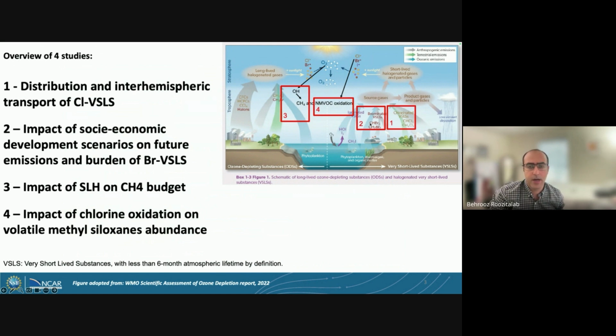Then I will talk about the emissions of two of these oceanic sources, and then I will talk about the impact of short-lived halogens on the atmosphere, specifically on methane, and then their impact on some VOCs and their potential impact on aerosols.